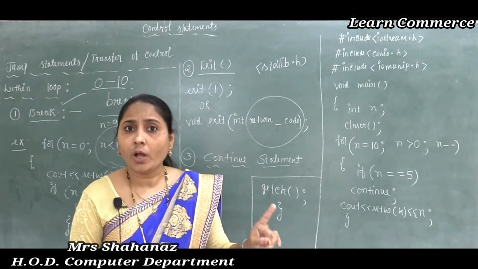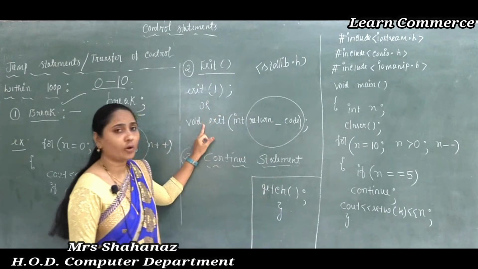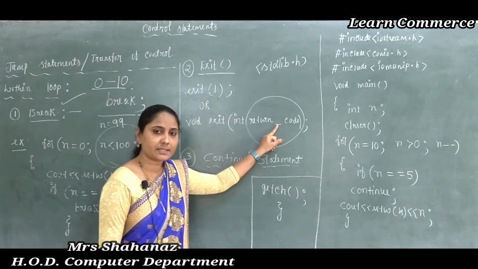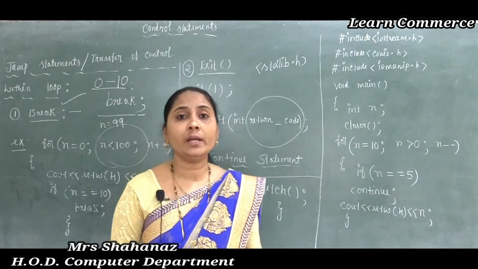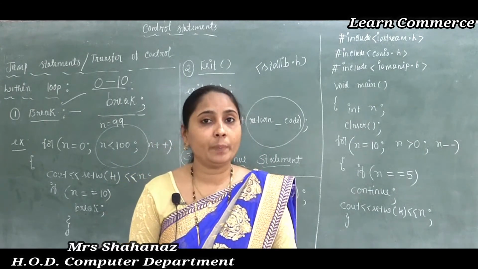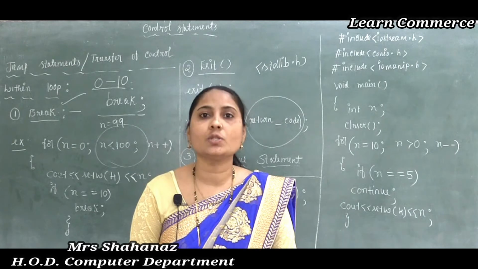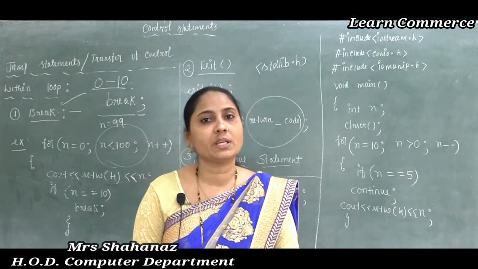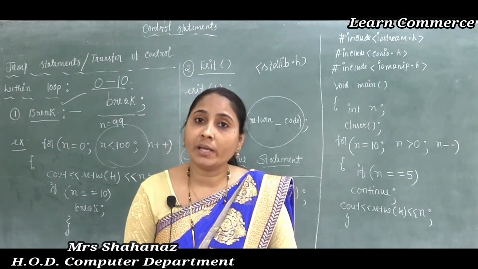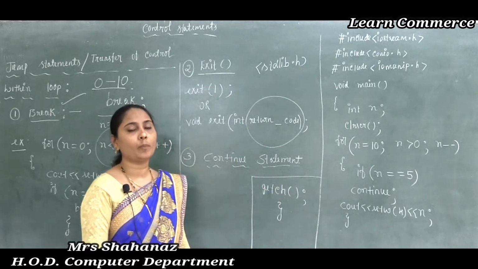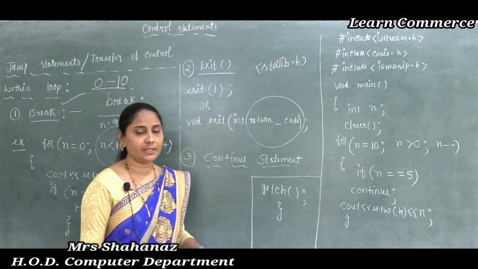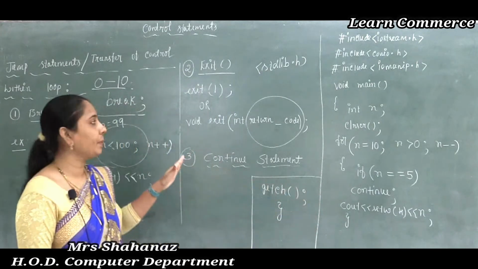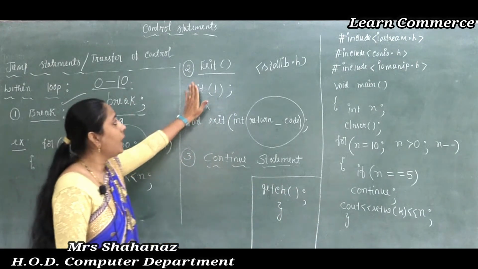This is the general format of the exit function, and the return code is used by the operating system or sometimes by the calling program. Exit 0 means no problem in the program, but any other value means some error or unexpected result happened in the program. So this is about our exit function.